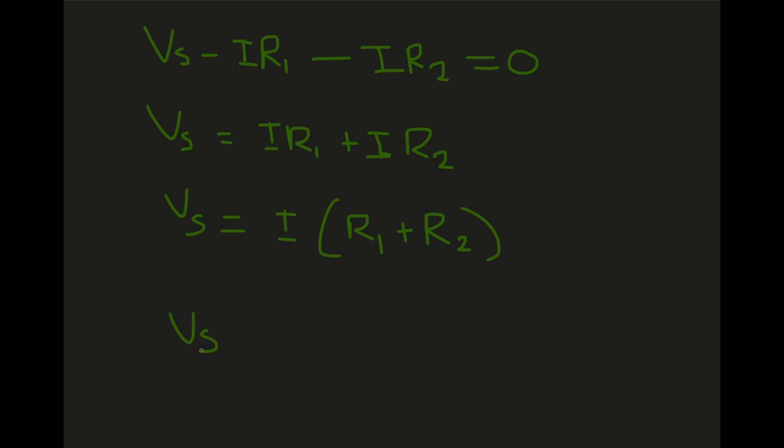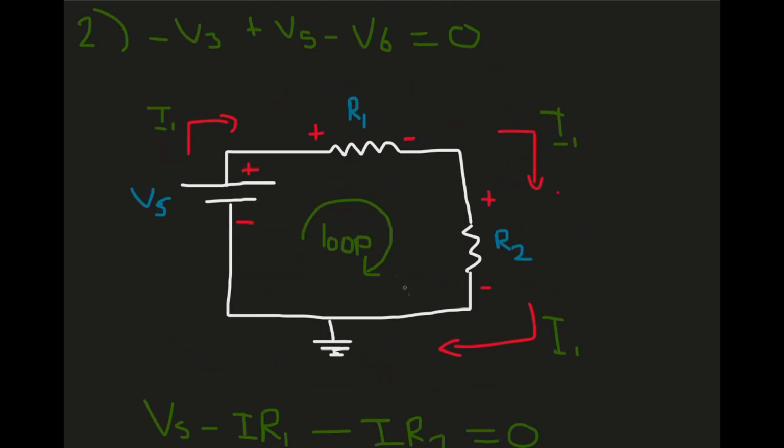So another way of putting it is just like this. It doesn't really matter. We know that because they're in series, R1 plus R2 is the total resistance.